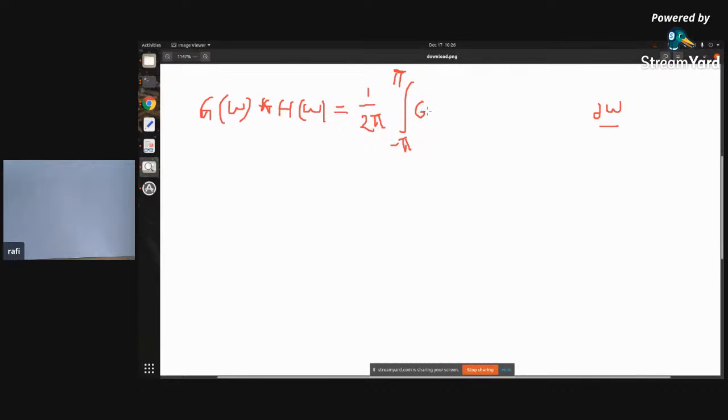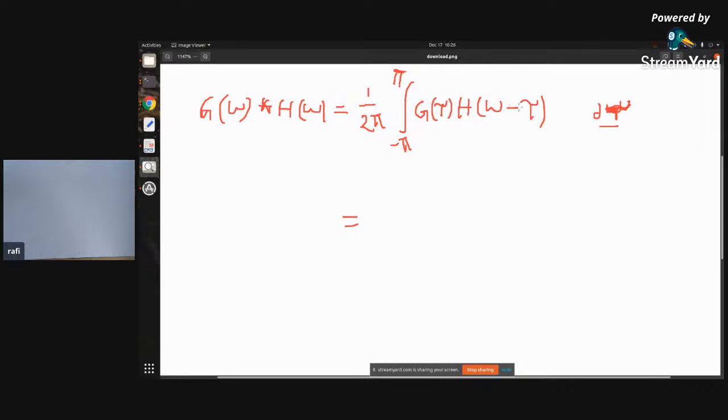Here this is g of tau into h of t minus tau. In the place of t we have omega, so omega minus tau, d tau. So tau is also in radians per sample unit.